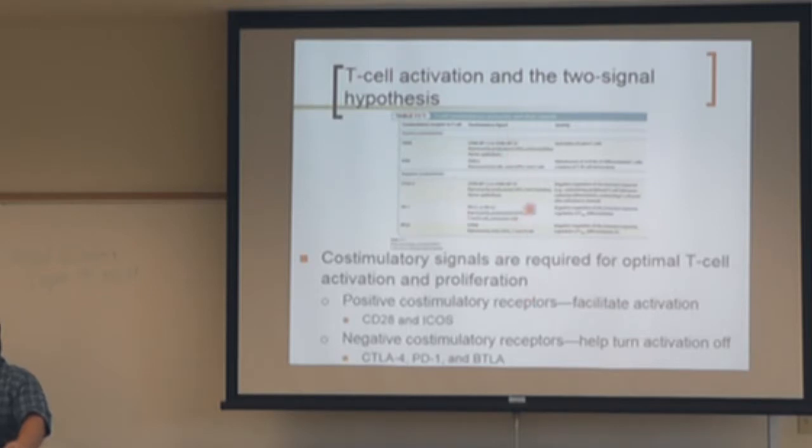A lot of researchers have dedicated their lives to studying these and trying to learn how they manipulate the immune response. So a lot of therapies target either trying to stimulate CD28 or trying to block things like CTLA4. There are a lot of antibody therapies out there that target these co-stimulatory molecules.